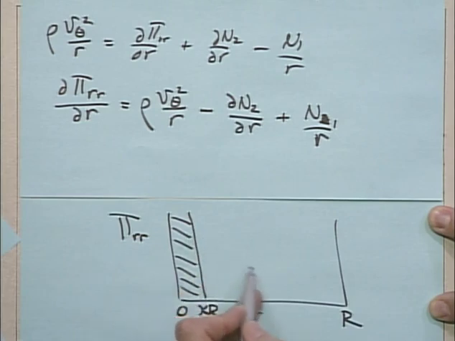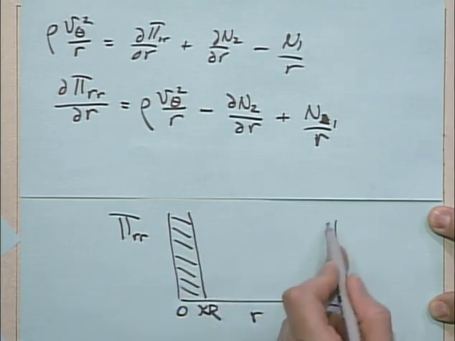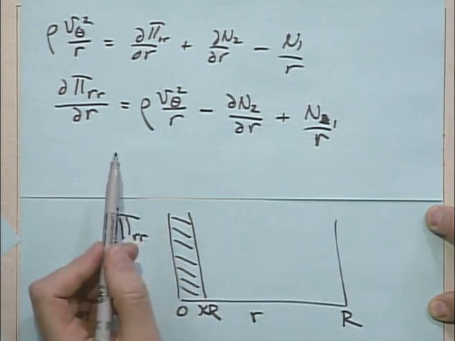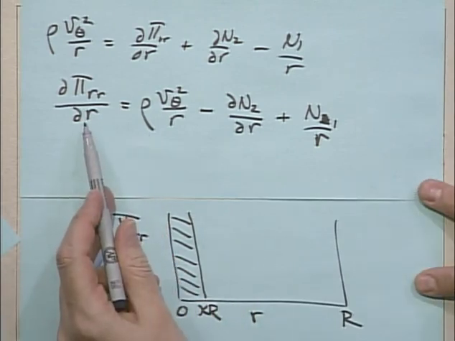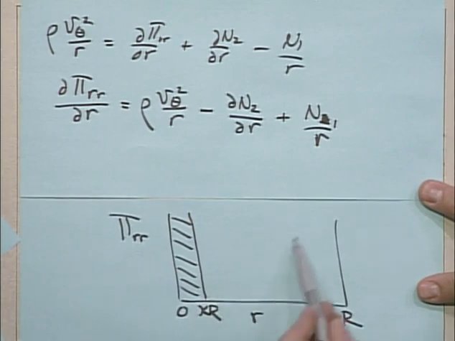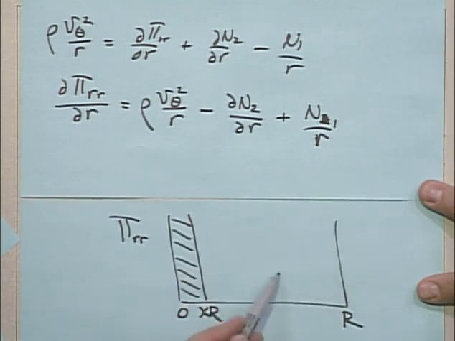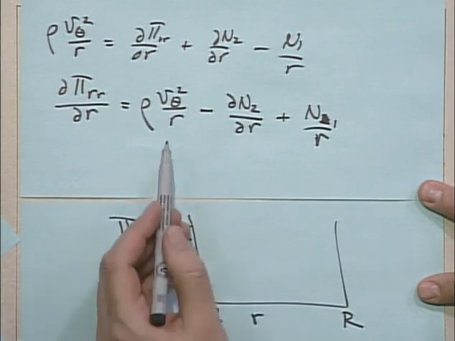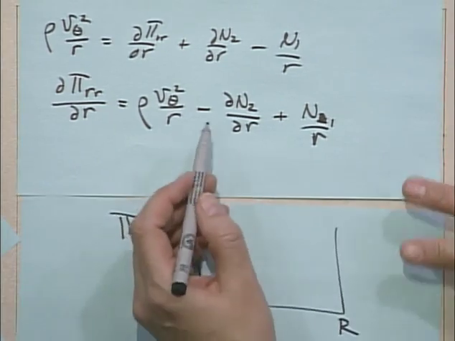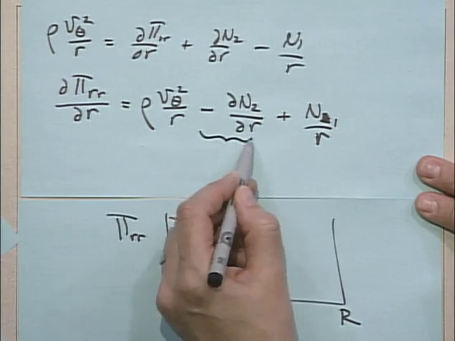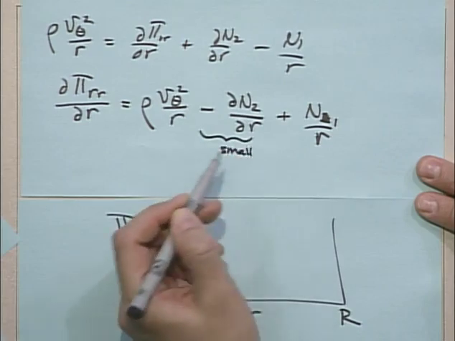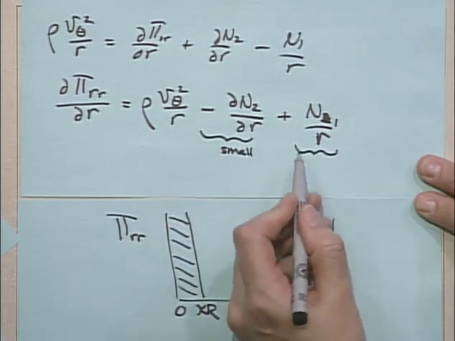Is it a decreasing function or an increasing function? This is telling us what its slope is. If the slope is positive, it's an increasing function, right? If the slope is negative, it's a decreasing function. This is positive. This is small. And this is negative.